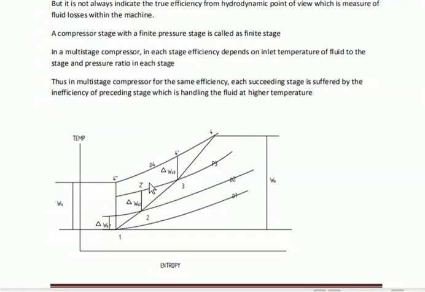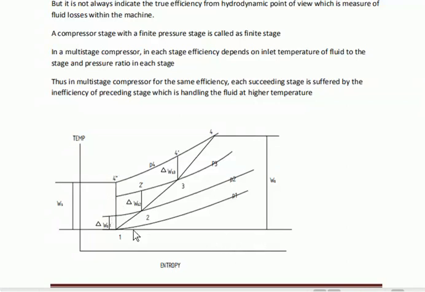This is a temperature versus entropy diagram. Here we have three stages, 1, 2 and 3. The line 1 to 4 double dash indicates the overall isentropic work done.